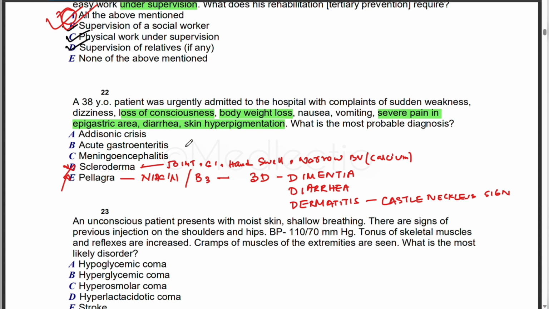For meningoencephalitis, what happens? You will get some focal neurological symptoms. Here we don't have any focal neurological symptoms. For meningitis, you will get the Kernig sign, which is pain on knee extension.